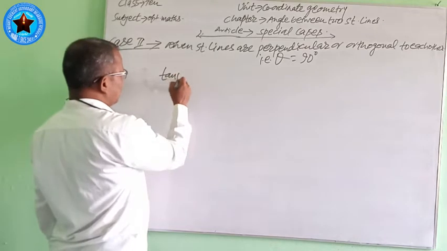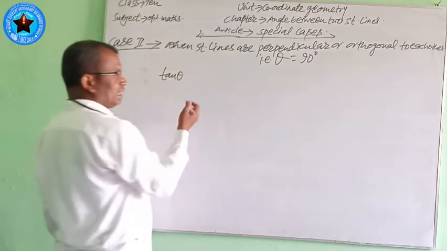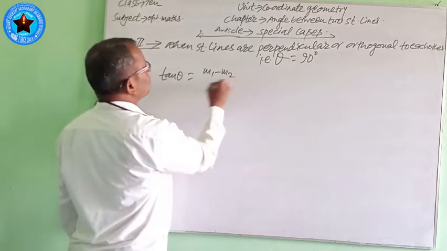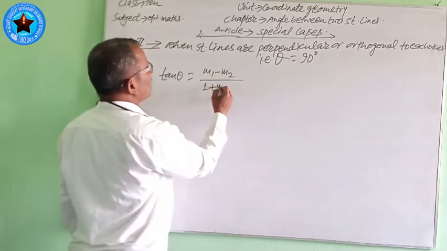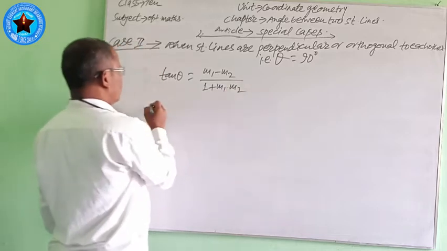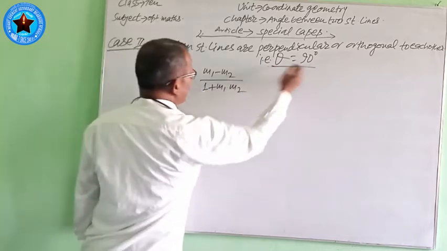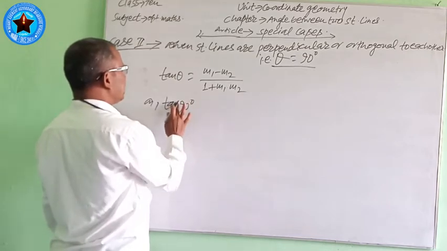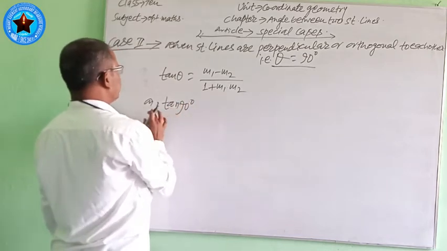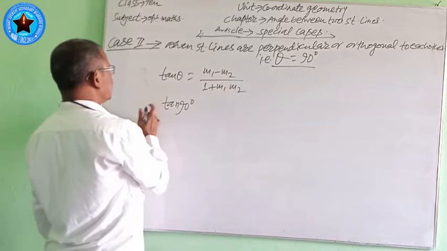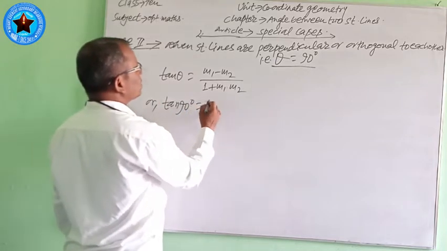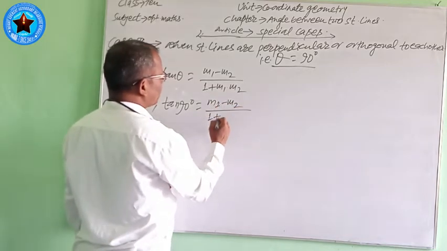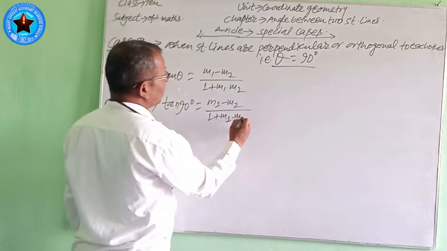We have a formula for finding the angle between two straight lines: tan theta equals m1 minus m2 by 1 plus m1 into m2. Since theta is 90 degrees, we can write tan 90 degrees equals m1 minus m2 by 1 plus m1 into m2.